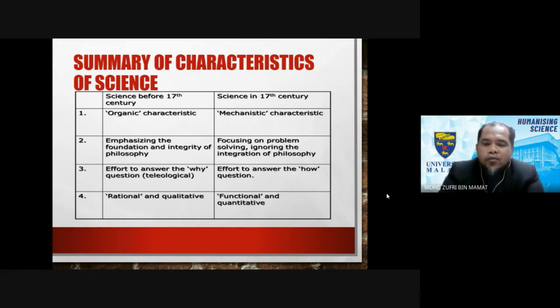This is where we will clearly see the changes in science. We can draw a big distinction between science before the 17th century and science in the 17th century.